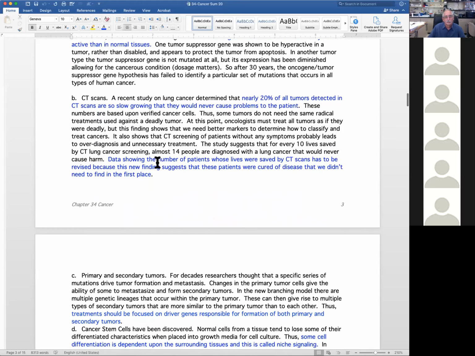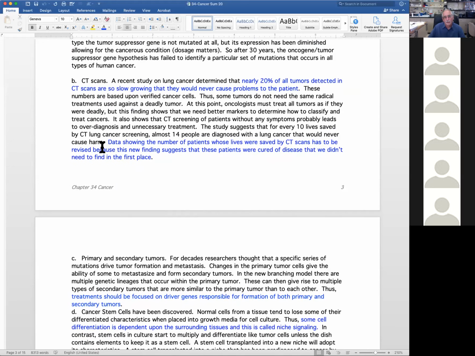So knowing that, we have to go back to the data, and it looks at the number of patients whose lives were saved by CT scans. You got to revise that, because in at least 20% of those tumors that were found by CT, you're pretending like you saved their life when you didn't really save their life.